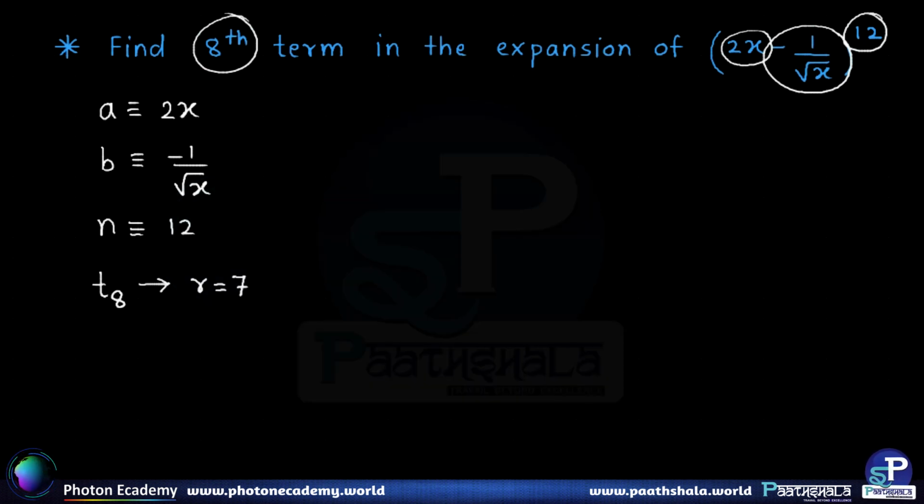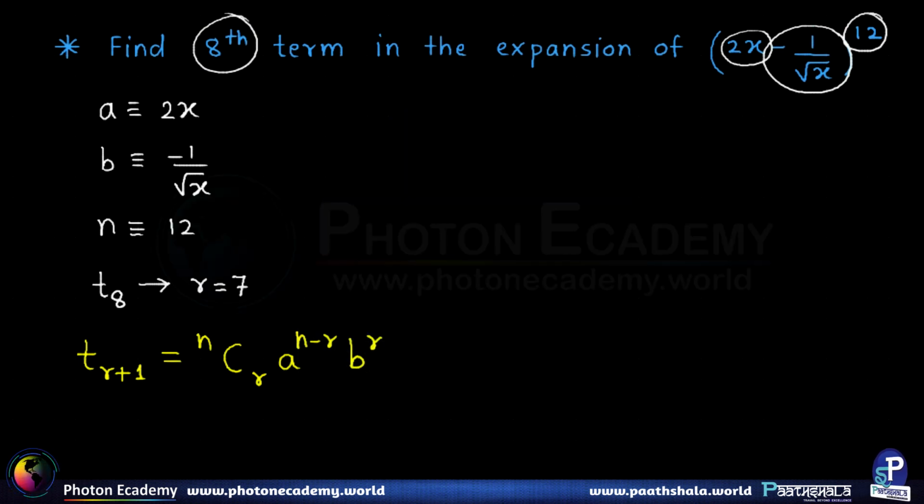That's it. Now let us write the formula for a general term which we have just seen, that we write in terms of tr plus 1 given by ncr a raised to n minus r into b raised to r. That's it. So now we write it for the given example.